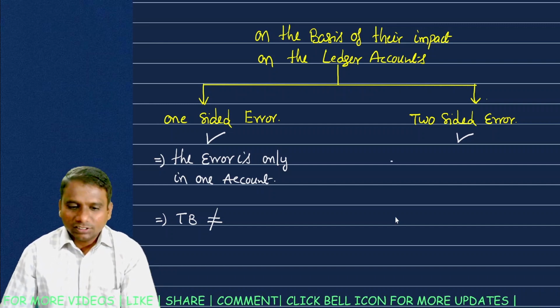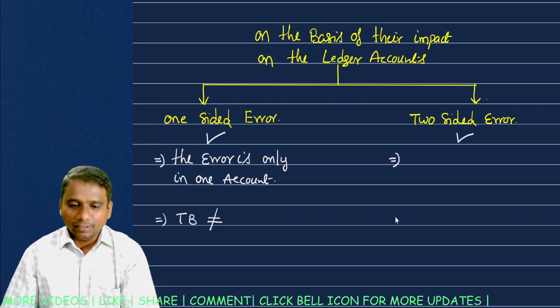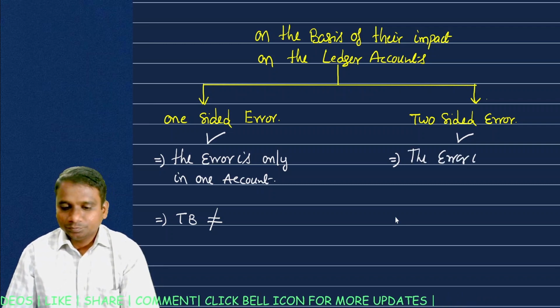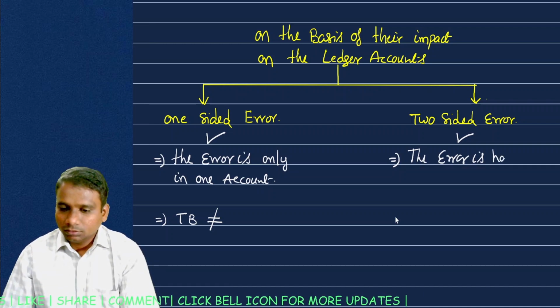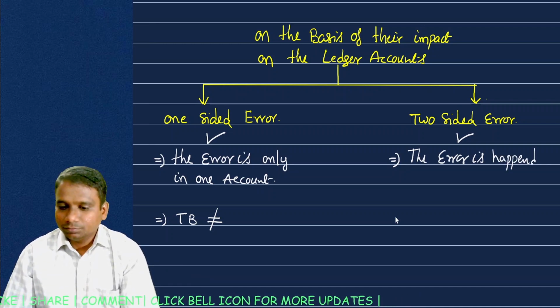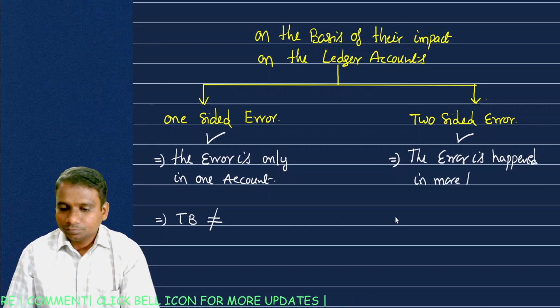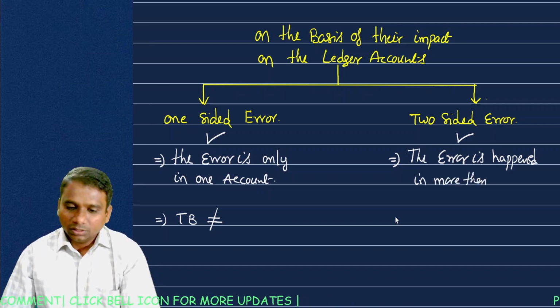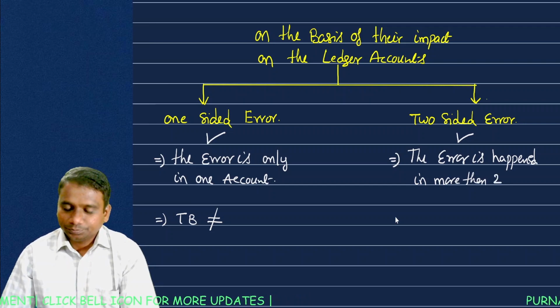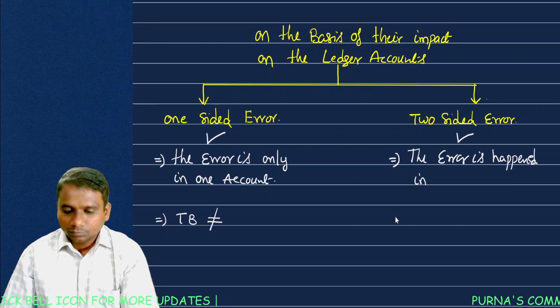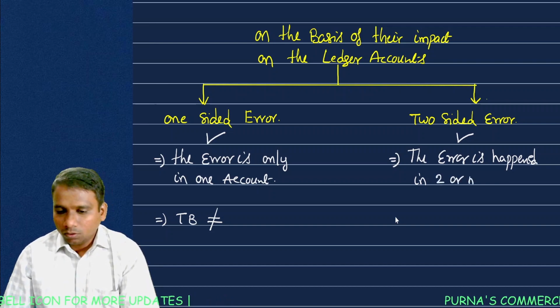Now look at what is the meaning of two-sided error. That means the error has occurred in two or more accounts.